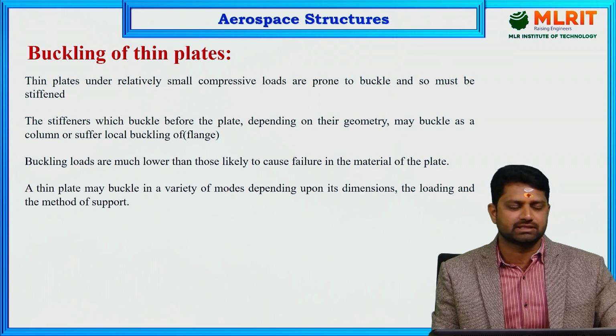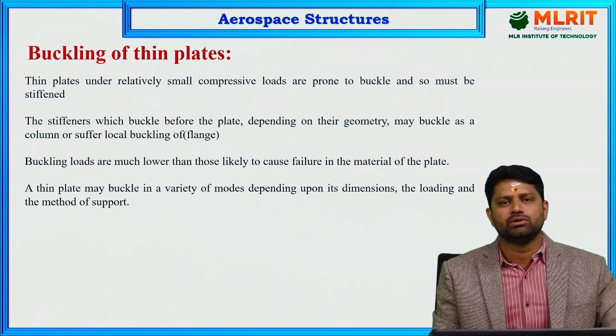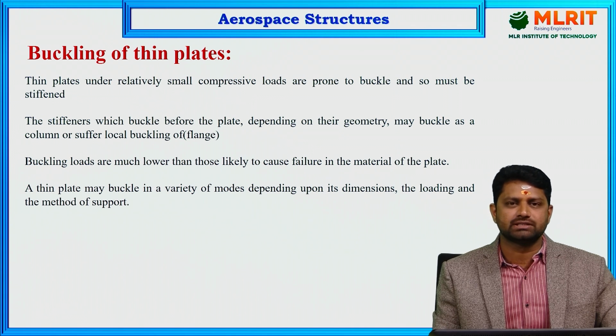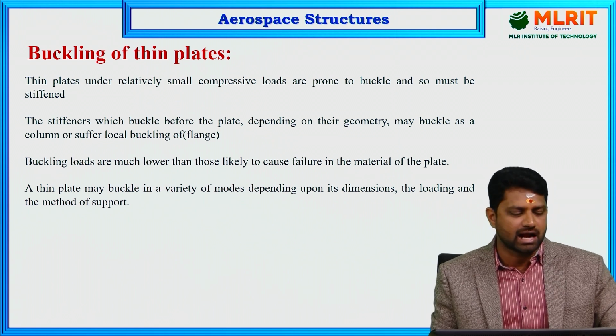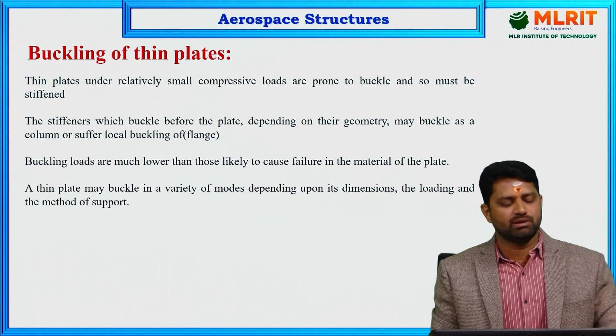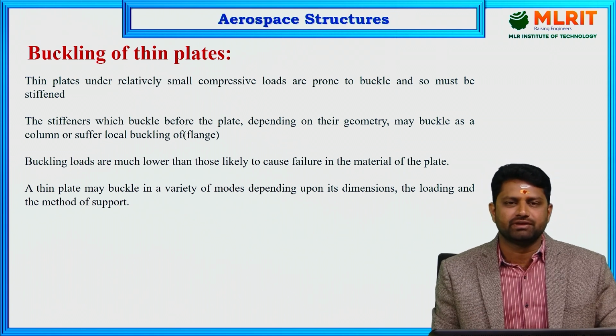As we discussed, buckling is an instability phenomenon, and therefore when you try to add the loads, it is going to lead to buckling. So you need to delay the buckling so that you can add stiffeners.